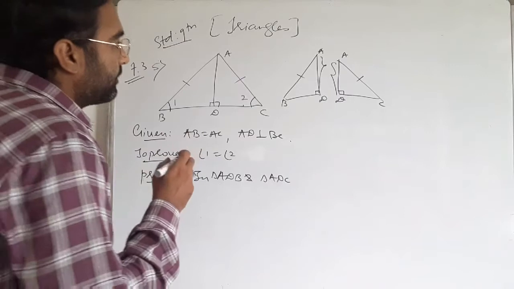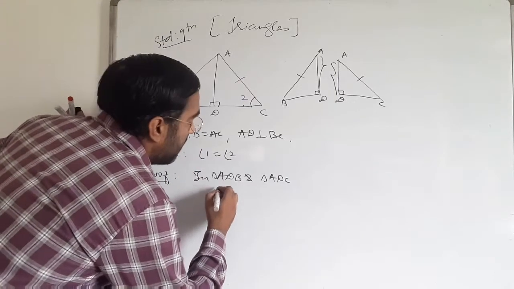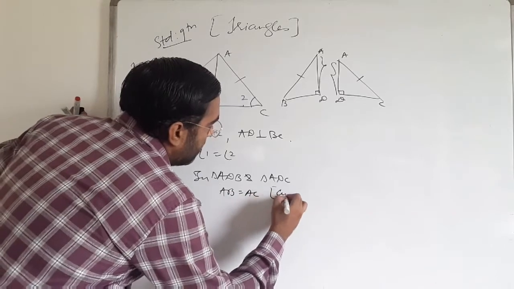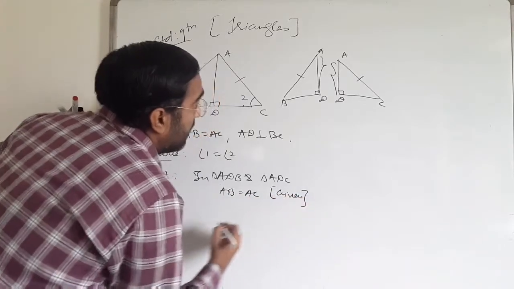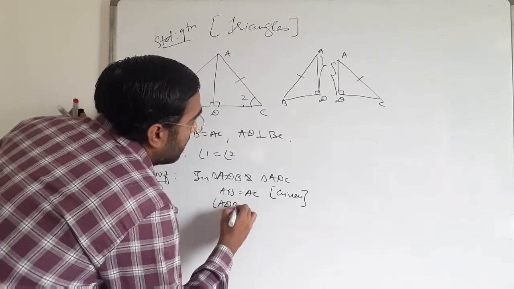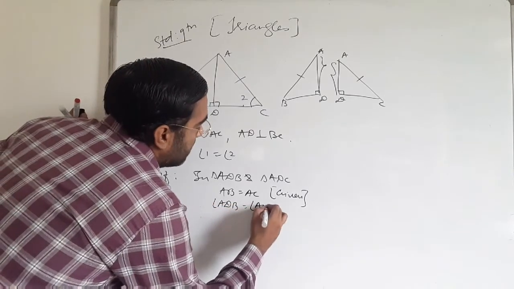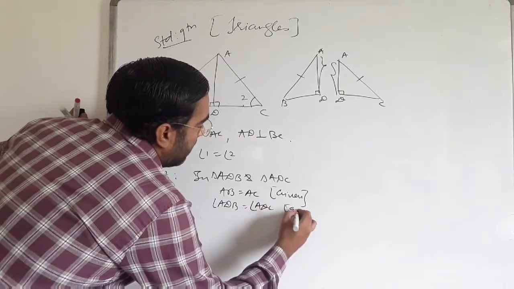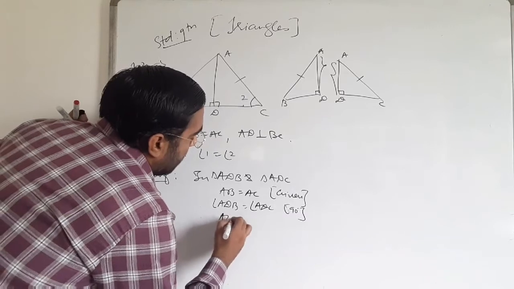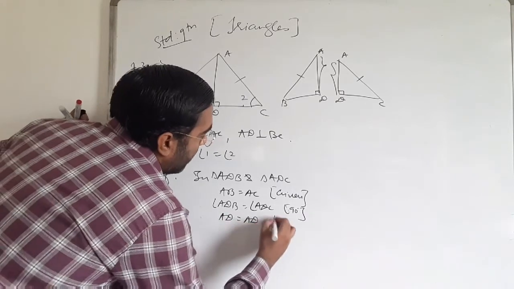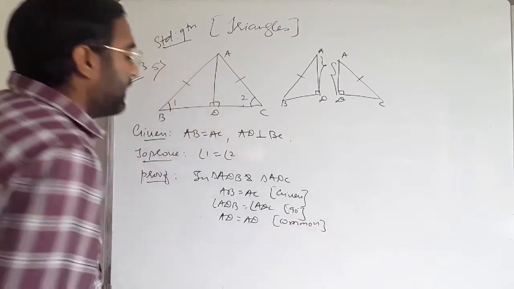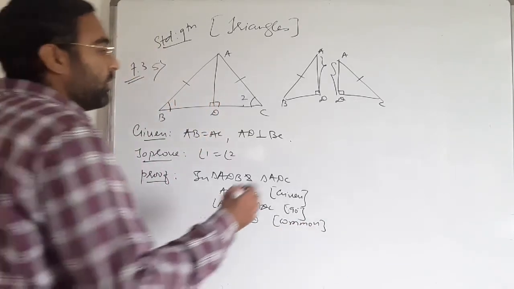So we are writing that AB is equal to AC, that is given. Second, angle ADB is equal to angle ADC, both of them are 90 degrees, and AD is common in both of them. So this question also is by the RHS congruency rule.